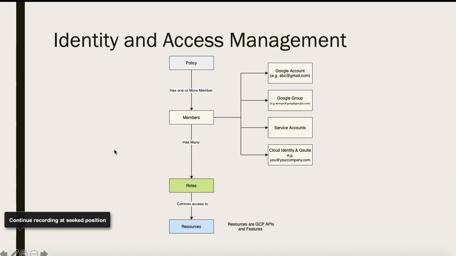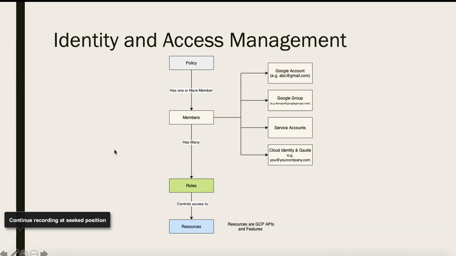Usually people don't go with Google accounts or Google groups, because those are public email IDs, which are not secure. In a corporate environment, they'll usually use G Suite or Cloud Identity, so it will be your email ID at your company name.com that will be used.